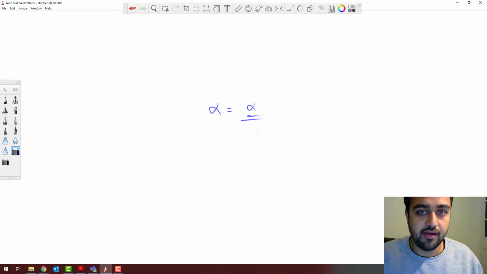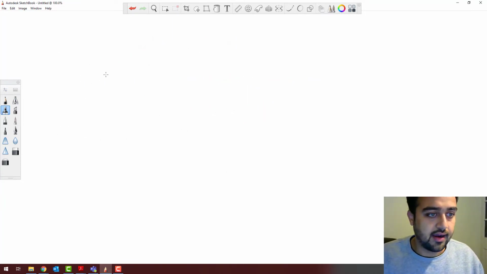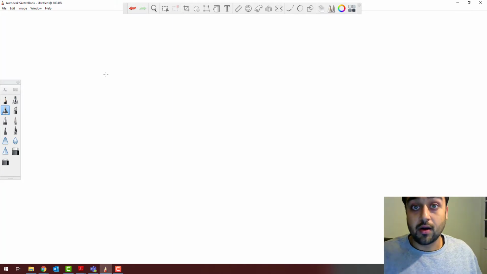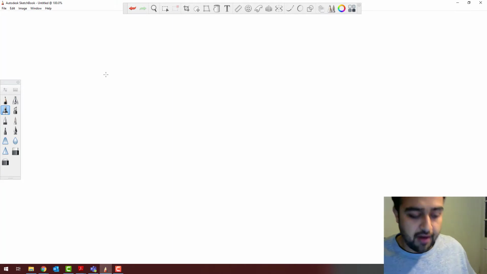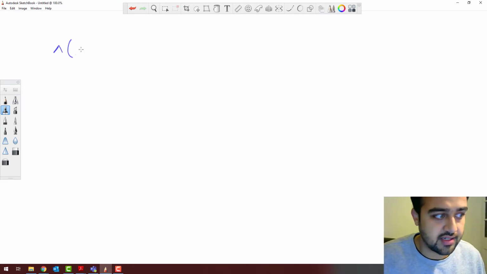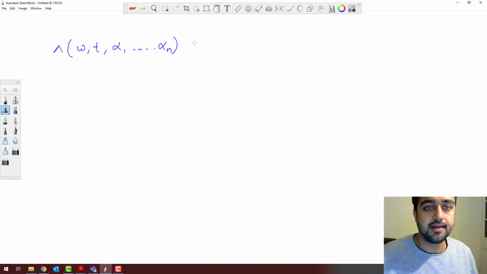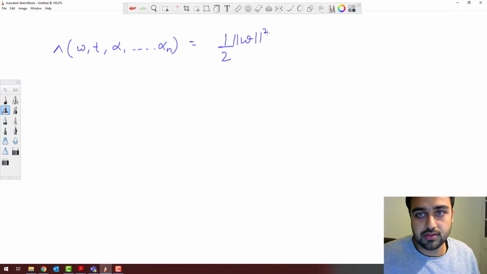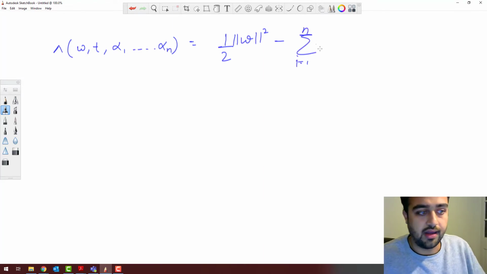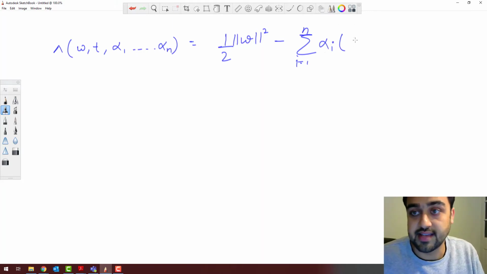If we know what alpha means, we can write our optimization problem in terms of the Lagrange function. Lagrange function is given as L(w, t), and as there are n data points, there are going to be n alphas, right? Half w square minus sigma i equal to 1 to n alpha i. This is for all the wrongly classified samples.